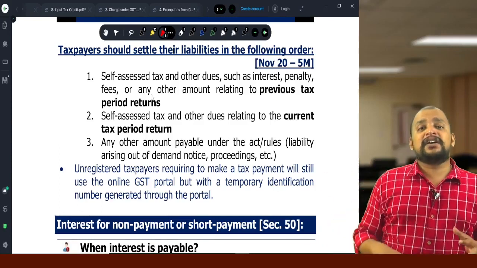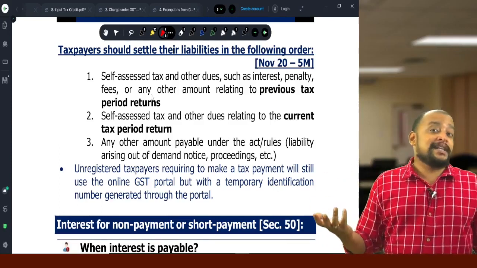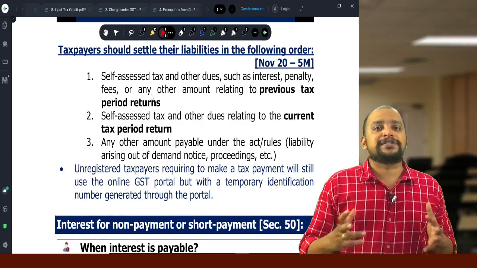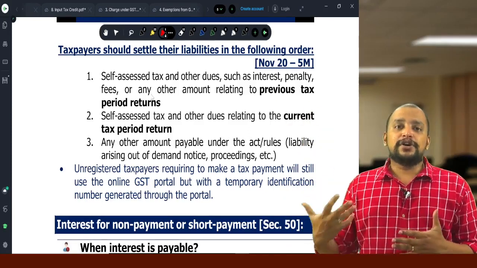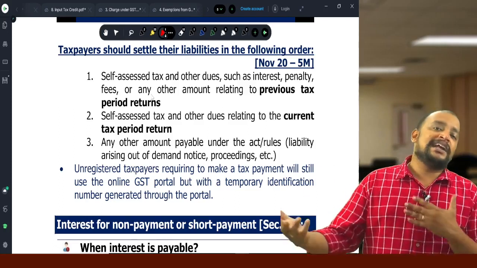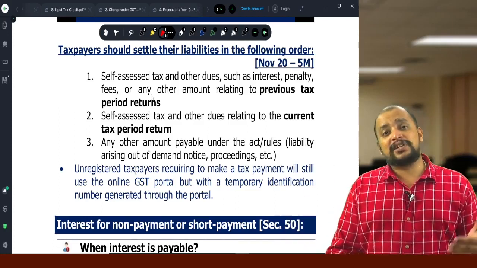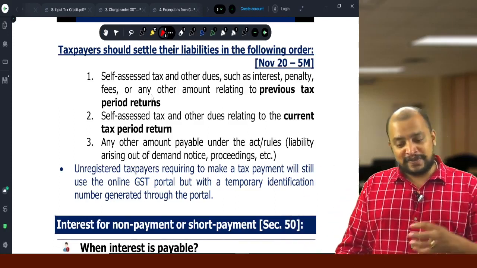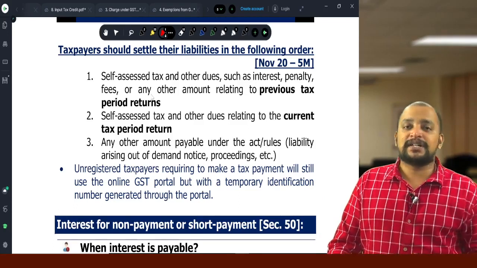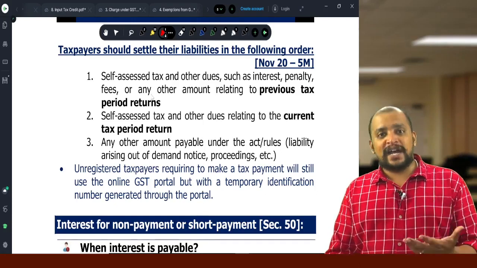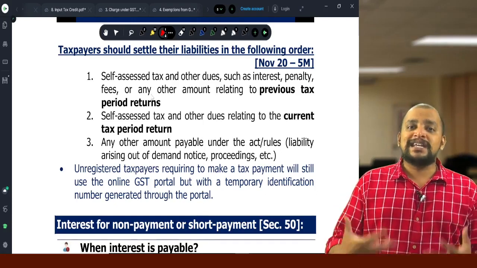And thereafter, he may not have reported some transactions, he would have evaded payment of GST. That liability he needs to pay third. How will that liability be known? The department will conduct an audit or investigation or search. They will come to know that he needs to pay this much amount, and then they will give that person an order, or a demand as it is called, and that money he needs to pay.